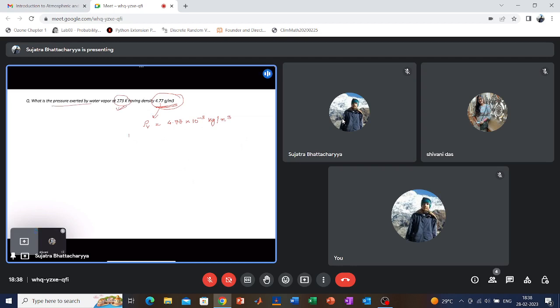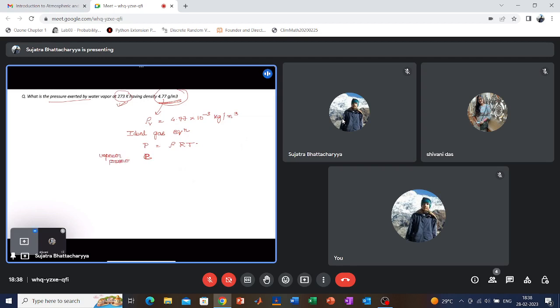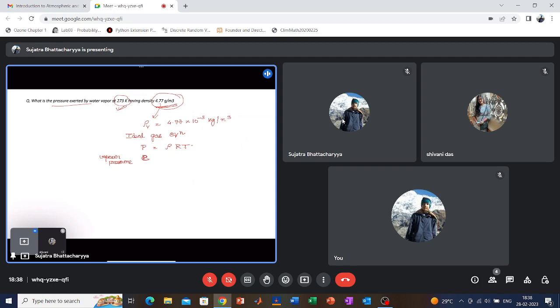So the only thing that will come into your mind is the ideal gas equation. Ideal gas equation is nothing but P is equal to rho RT, right? And for vapor, we already know the specific gas constant. Therefore, this I write as E. This is nothing but the vapor pressure. Vapor pressure in atmospheric science is always written in terms of E. So this will be equal to rho V RV into T. So what is rho V? 4.77 into 10 to the power minus 3 kg per meter cube.